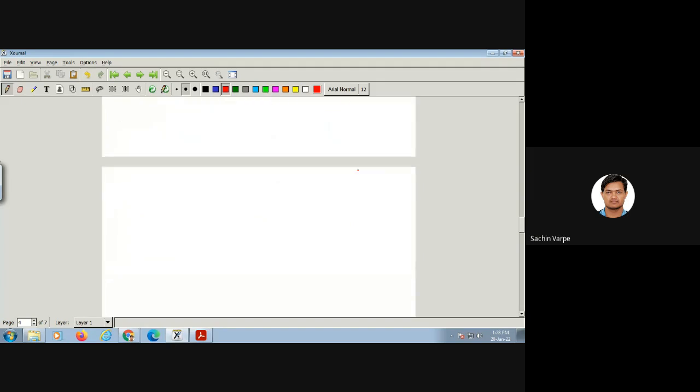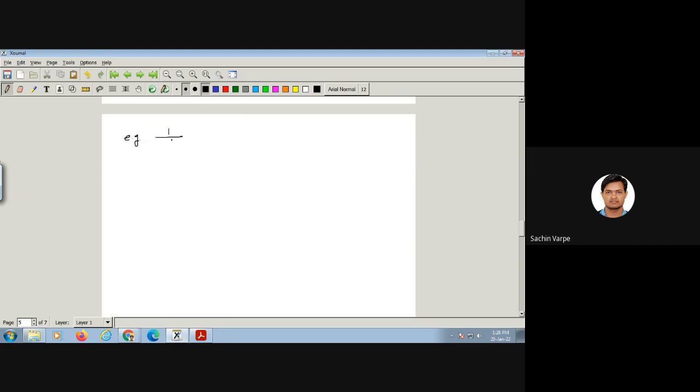अगर फिर भी नहीं समझ में आ रहा है तो just let me show you. For example, 1 upon, say, take simple D plus 1, D squared plus 1 suppose, और x squared sin x ऐसे लेते हैं फंक्शन.